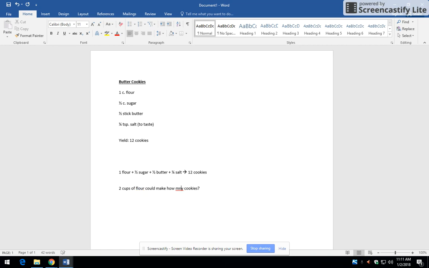This is part of your homework, to write down how many cookies you can make from 2 cups of flour. All right, maybe I'll give you this one because it's important you see that in order to do the rest of this lesson. And that is that if you double the cups of flour, you're doubling the recipe. I told you have as much as you need of everything else, and so you're going to make 24 cookies.